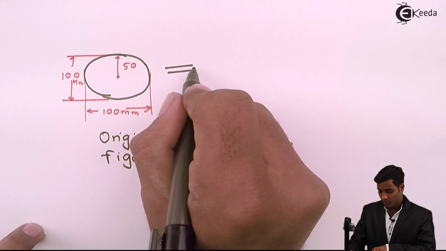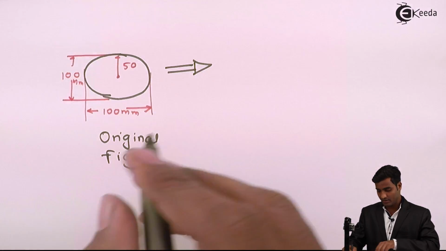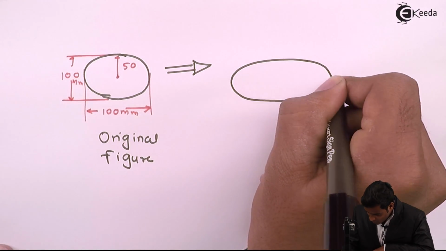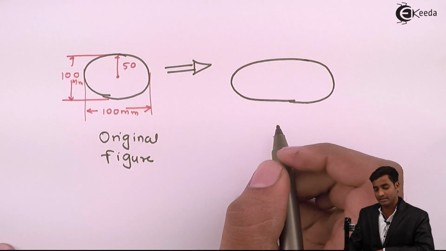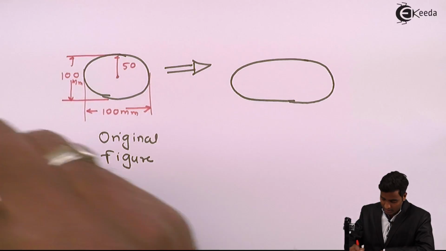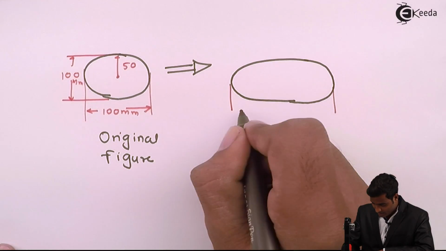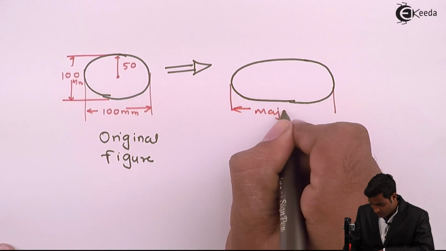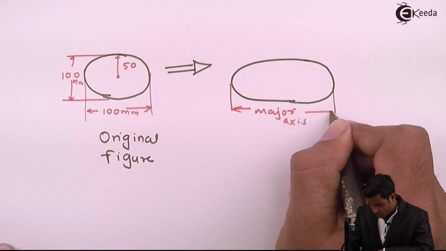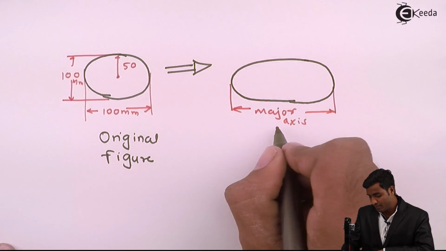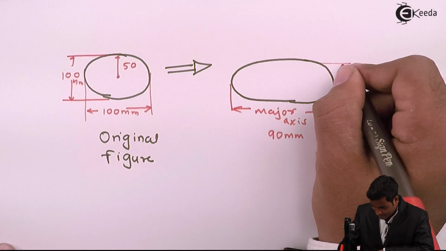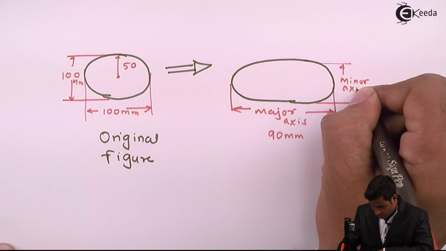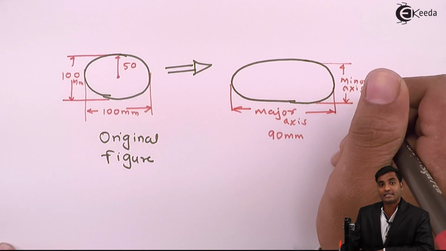We have to convert this original figure into an ellipse. It will look like this, an ellipse which has a major and a minor axis. This is the major axis, whose dimension is 90 mm, and this one is the minor axis, whose dimension is 60 mm.